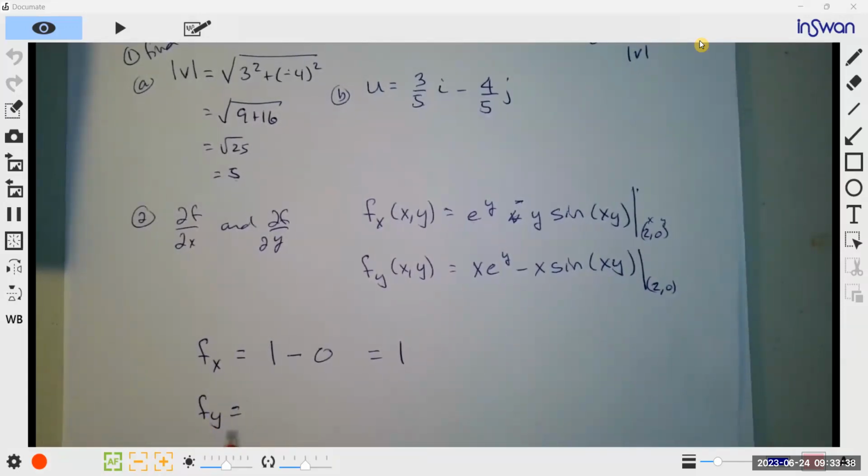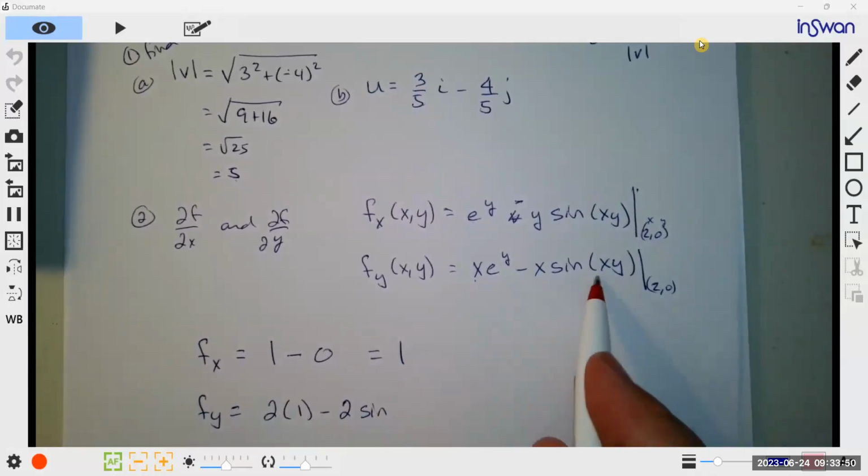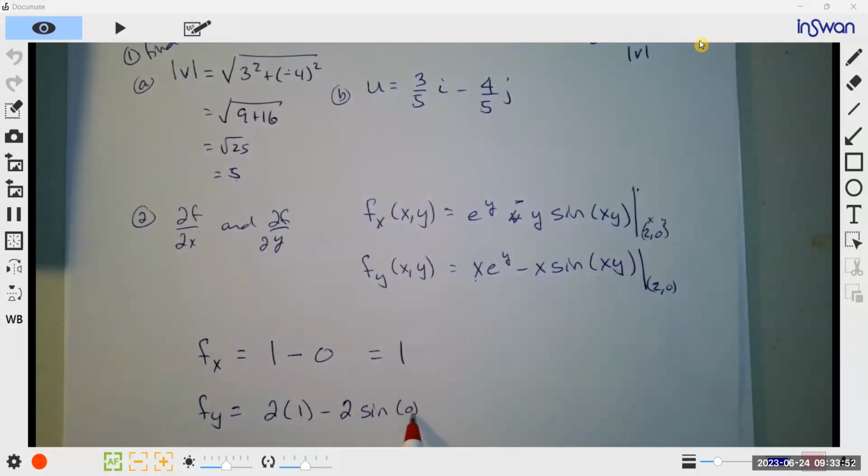The partial with respect to y is 2 times 1 minus 2 times 0, which is 0. The sine of 0 is 0. So we just have 2.